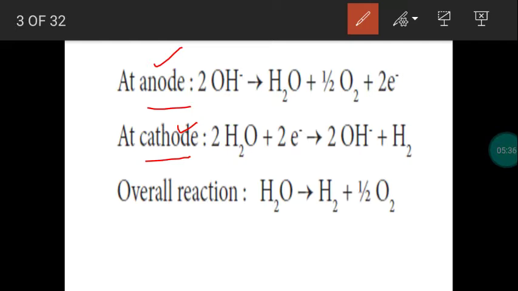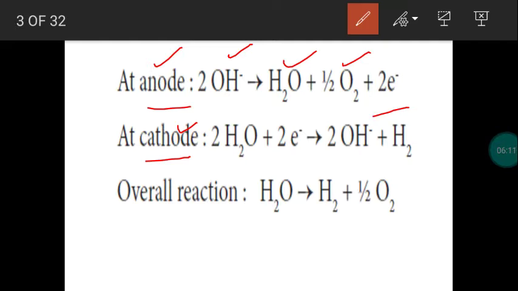One is H plus, another one is OH minus. This OH minus hydroxide ion undergoes the oxidation process. Here oxidation is expressed in terms of loss of electrons. Each hydroxide ion loses one electron. So two hydroxide ions lose 2 electrons with the liberation of water as well as oxygen. So this is called the oxidation process. Each hydroxide ion loses an electron.